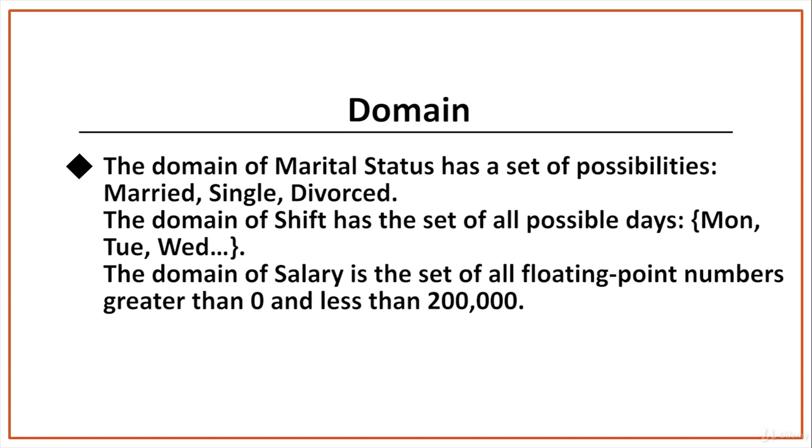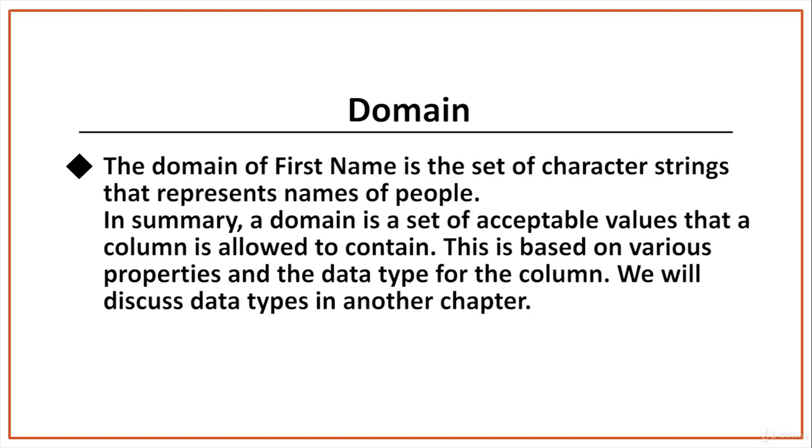The domain of shift has the set of all possible days: Monday, Tuesday, Wednesday, etc. The domain of salary is the set of all floating point numbers greater than 0 and less than 200,000. The domain of first name is the set of character strings that represents names of people.